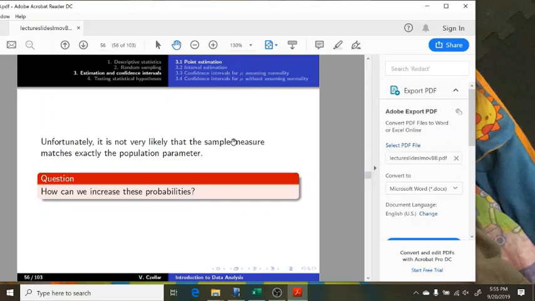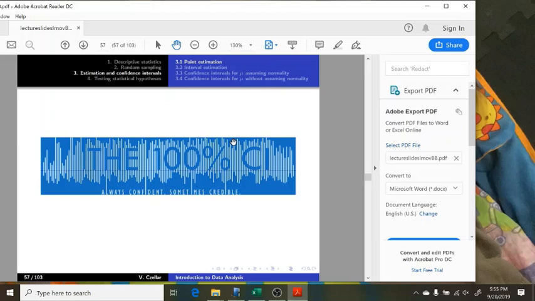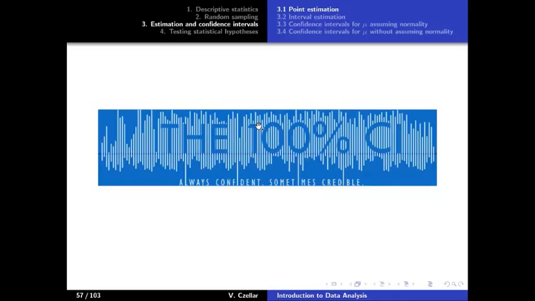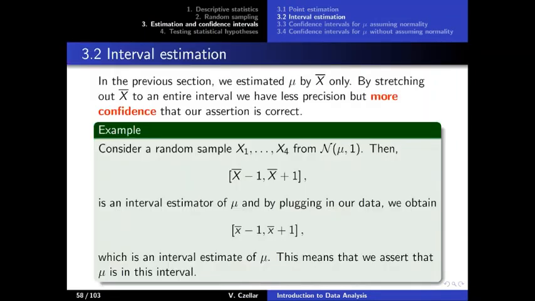This is how we will increase the probability that our assertion is true. So, of course, we will never be 100% confident that our parameter will be inside the interval that we provide, but we will try to be very close to this 100%. So concretely, we will try to construct an interval that provides something like 95% or 99% of reasonable values.